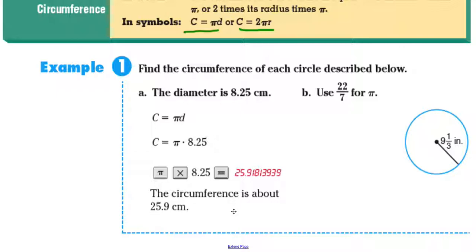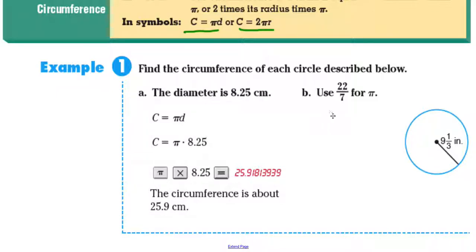Don't get me wrong though, it is very close to the exact value, like 25.918139913939. It's just that you cannot find the exact value of the circumference and area of a circle.